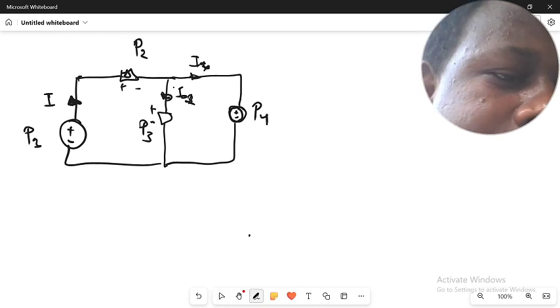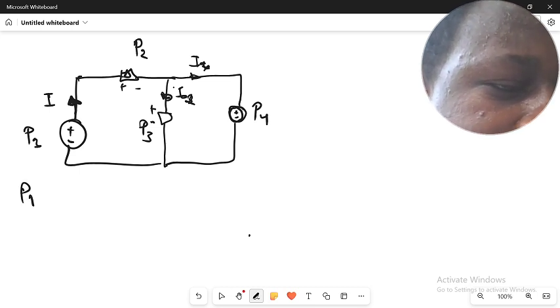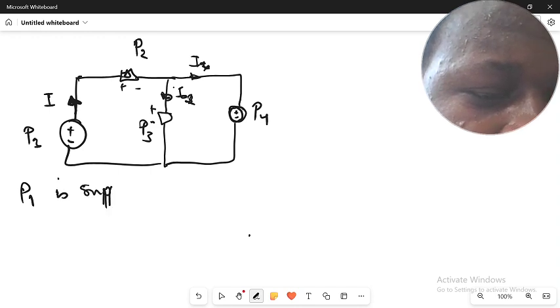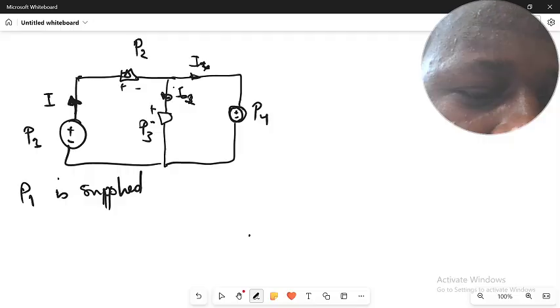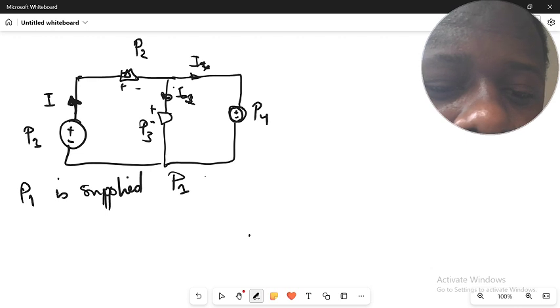This current, if we see this source, the current is leaving the positive terminal. It means that P1, this source, is supplying. We already discussed that if the current is leaving the positive terminal, it means supply. So P1 is negative.